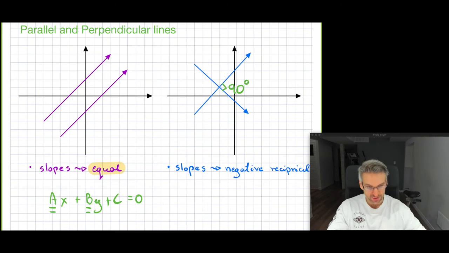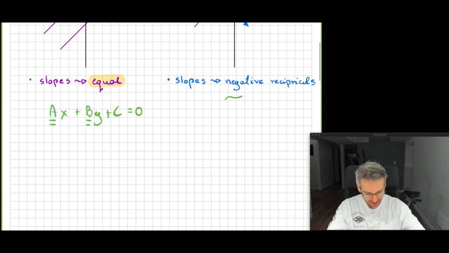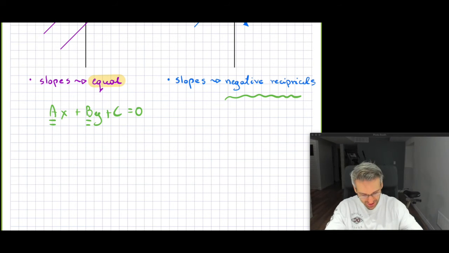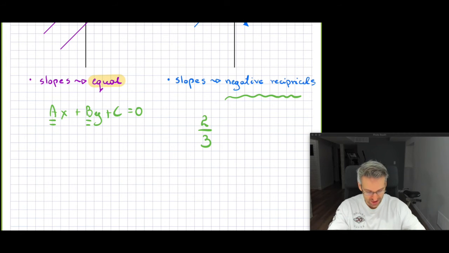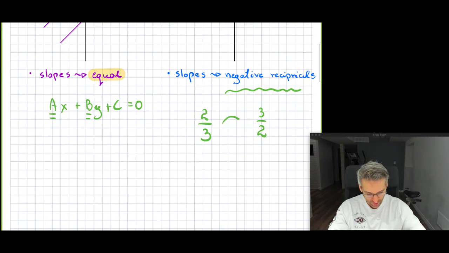So the easiest thing to do when you're checking for lines that are perpendicular is to check if the slopes are negative reciprocals of each other. Now, what is a reciprocal? That is something from fractions. Let me do an example. If you have 2 over 3, the reciprocal of this would be 3 over 2. When you say negative reciprocal, that means you would have a negative in front here.